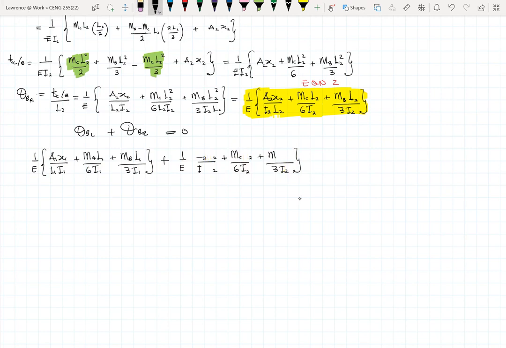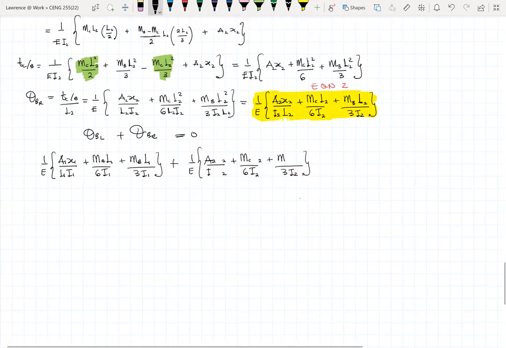All right, so I'll just write it again. I have this here: A2X2, and then I2, L2, MC, L2, MB. So all of this is equal to 0.